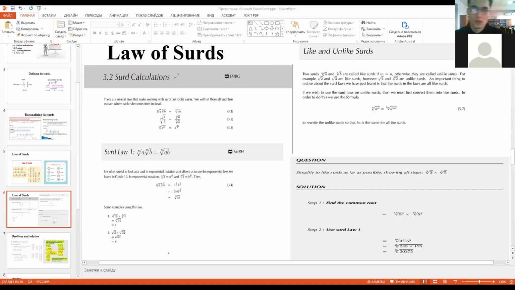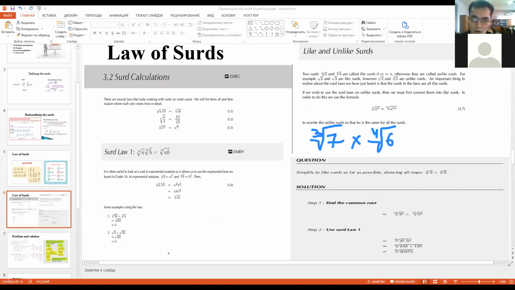Yes. And this rule is some kind of magical. Why? Because you can change the degree of surds. For example, here you have given 3 degree and 4 degree roots and multiply. To multiply these two surds, you have to make both of the roots equal.